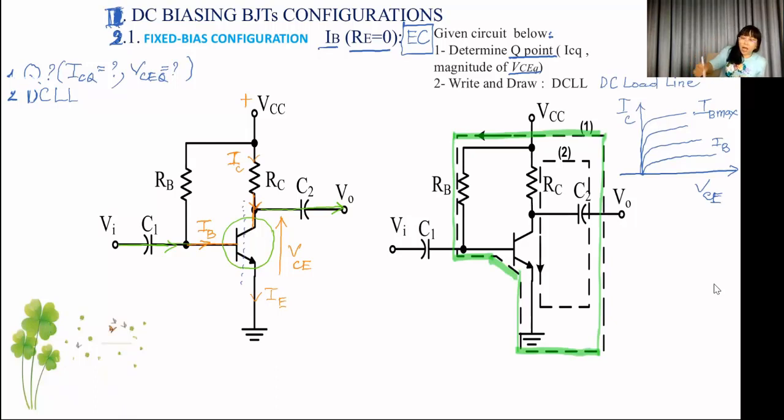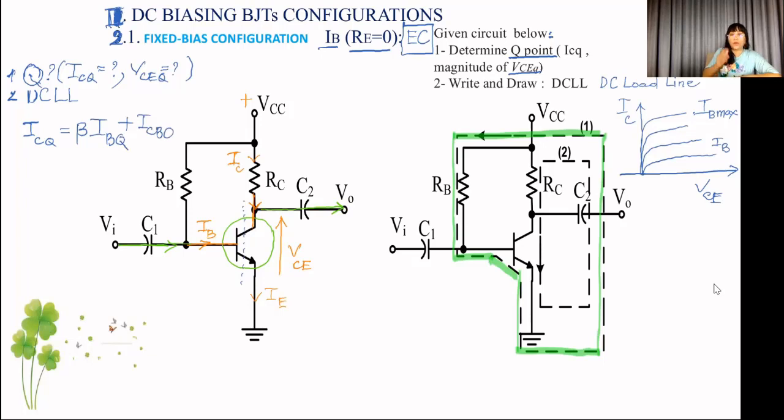Please, now we are going to answer the first question. We should remember how to find the current on collector. We have one equation: the current IC is equal to IB times beta plus ICBO.